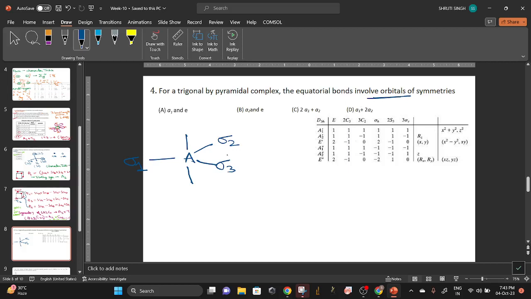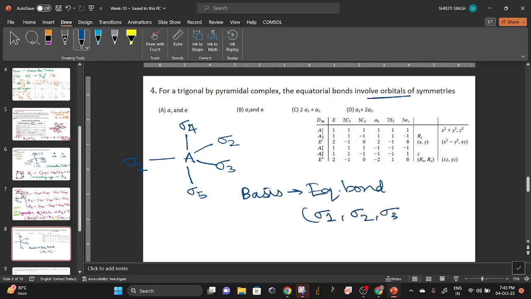Let's name the axial ones sigma 4, sigma 5. Now here our basis set is the equatorial bonds, which means the basis set is orbitals sigma 1, sigma 2, sigma 3, a three-dimensional basis.